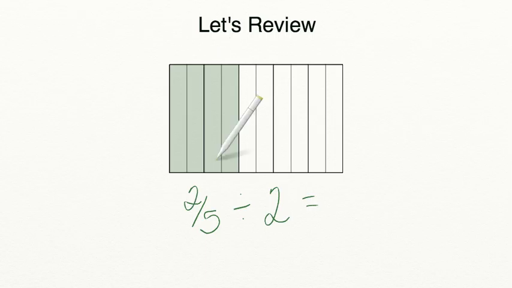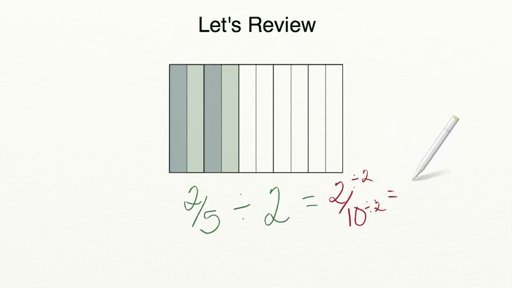Now that I've divided each of my fifths into 2 equal parts, I need to shade in one part for each of the fifths that I have. Now remember, I changed my whole into tenths, so now I have 2/10 shaded in. So 2/5 divided by 2 wholes equals 2/10, which we can actually simplify even further down to 1/5.